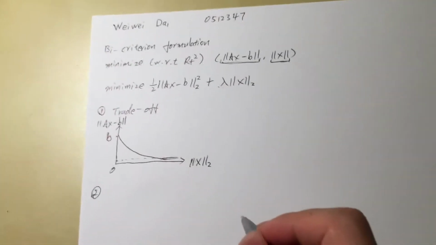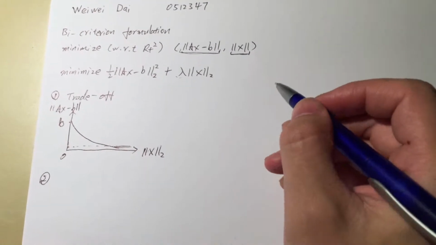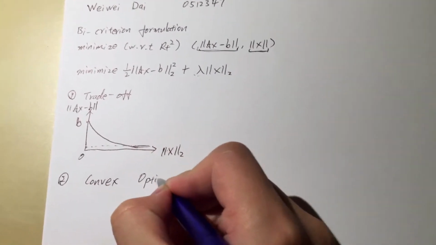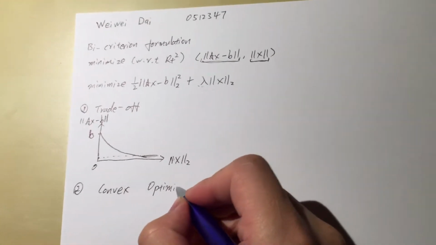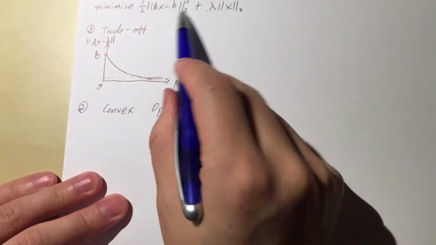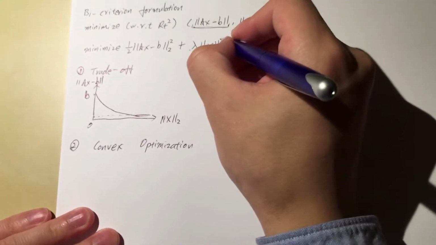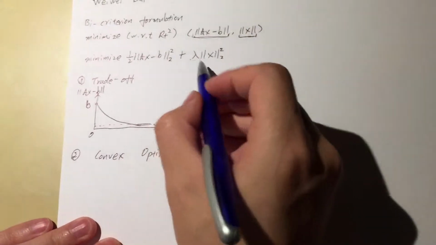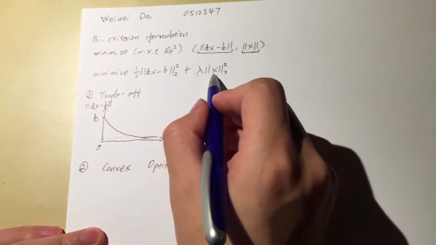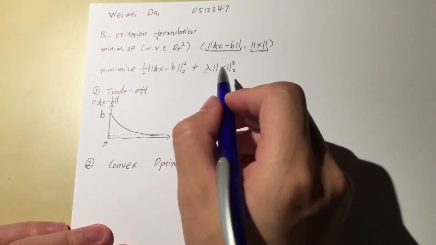Secondly, I want to show how to solve this problem. We can notice that this is a convex optimization problem, and because we use the L2 norm, we make it squared. If we make the L2 squared, this can be represented as the power of the signal.